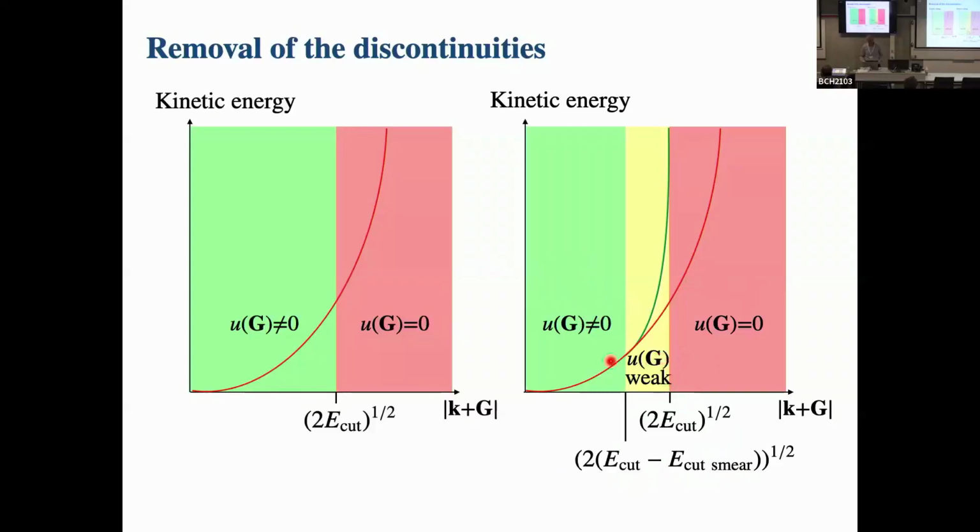Above E-cut, they are 0, and in between, you're going to do some smoothing of the coefficient to bring them slowly from a non-zero to a 0 value. And this is called E-cut SM. That is a variable that is used to smooth things like this.